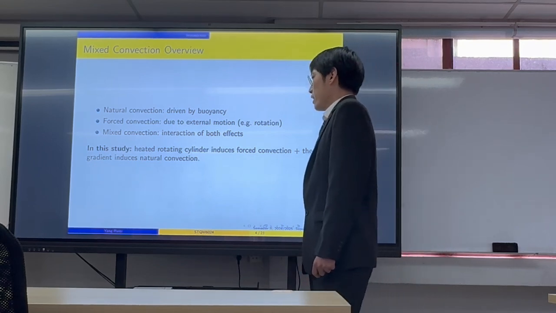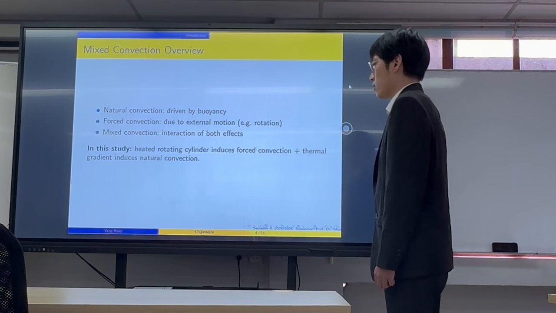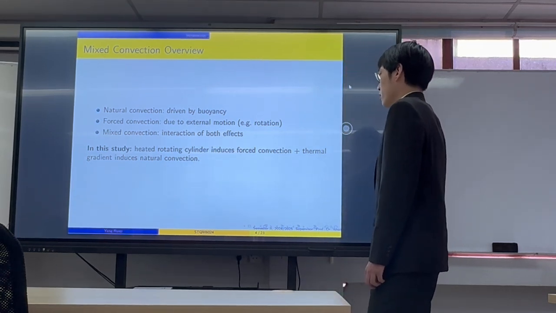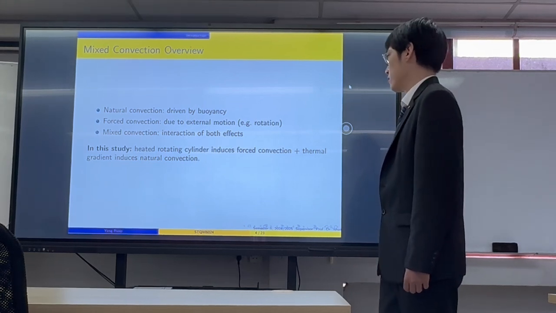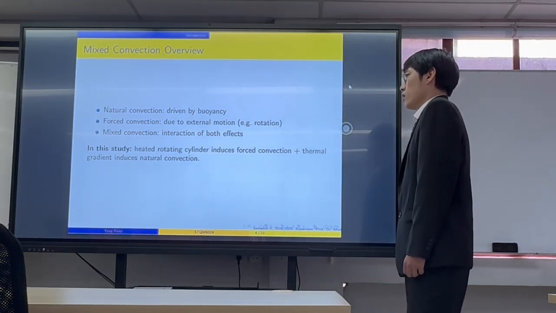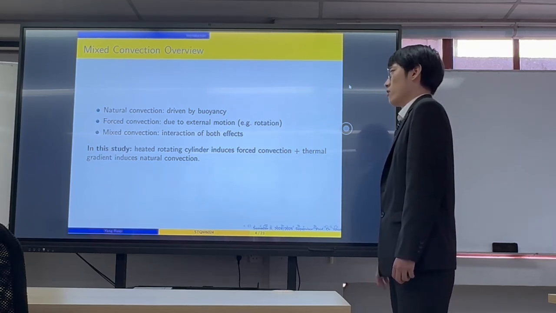And mixed convection is a combination of both convections. In this study, the heated rotating cylinder induces forced convection. Thermal gradient induces natural convection. So, mixed convection is the subject of this investigation.